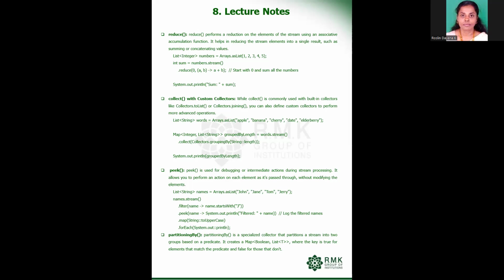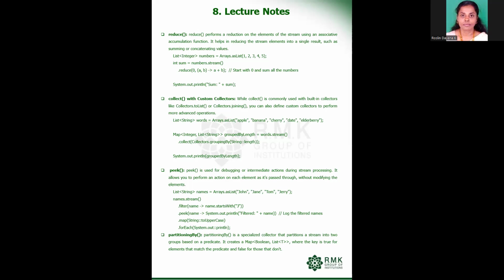And we want to sum them up into a single value. So the result name is sum, and its type is integer. It is equal to the input list numbers.stream(). You create a stream for the numbers, and you are going to reduce the values of the stream. So we use the reduce method. The initial value is 0. Then each value of the stream is taken and added to the 0 value.